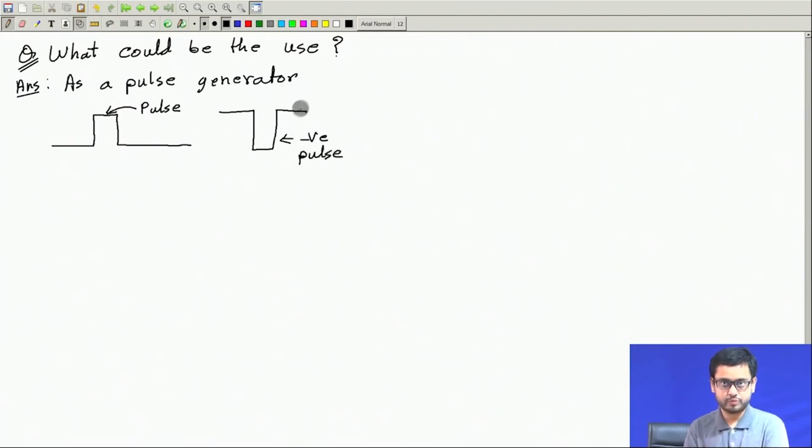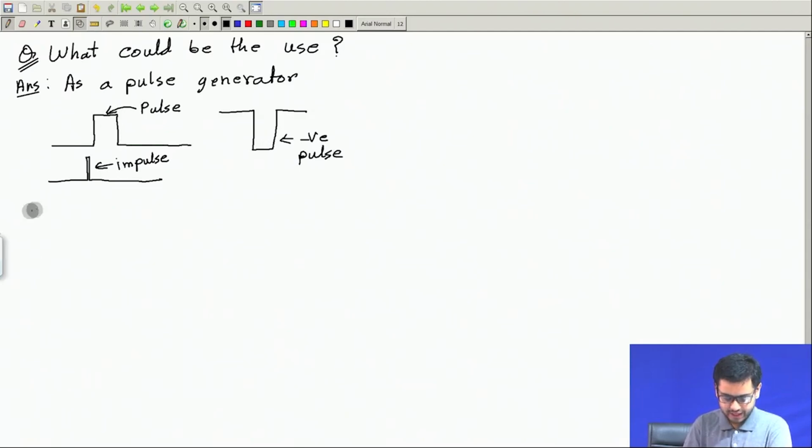This type of voltage pattern is called a pulse, and if this pulse is very narrow and the area under this is finite, in that case we call it an impulse. An impulse is a special type of pulse where the duration is very small, but the area is non-zero. We are not talking about impulse now, we are talking in general about pulse.